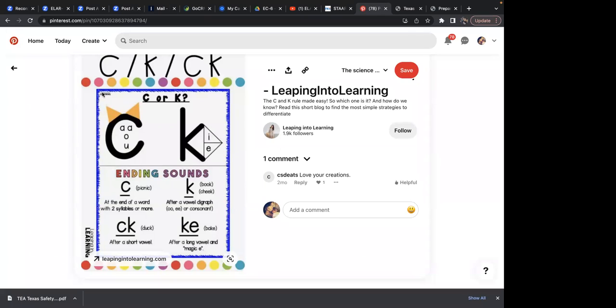So we have the k sound at the end of a word with two syllables or more: picnic. After a short vowel: duck. After a long vowel and a magic E: bake.